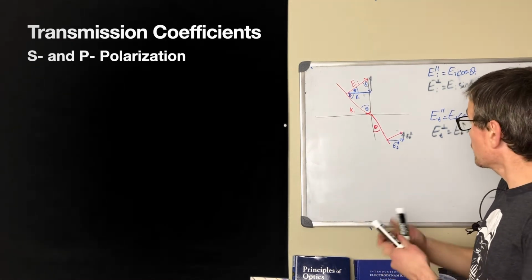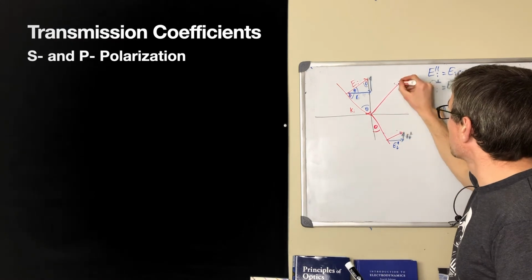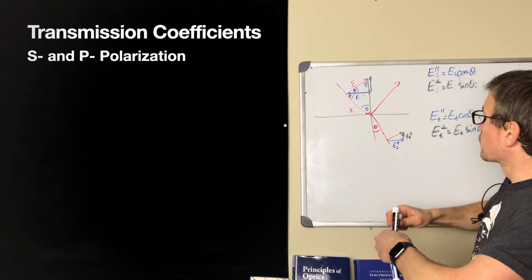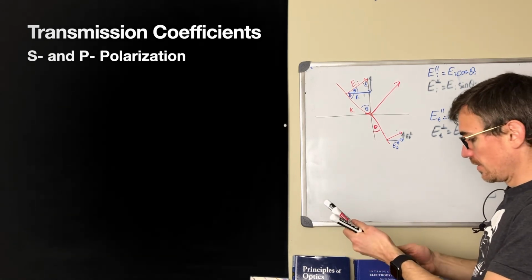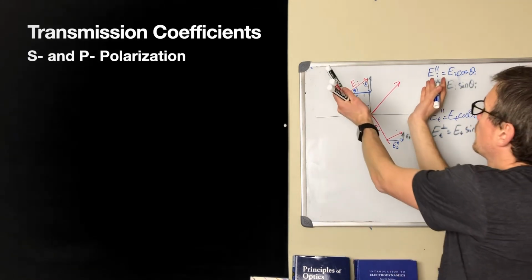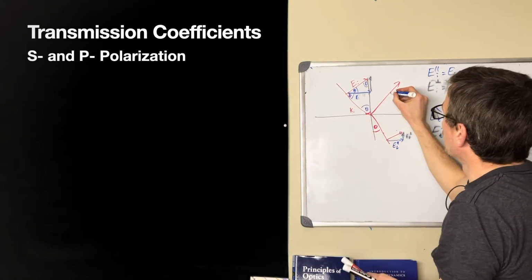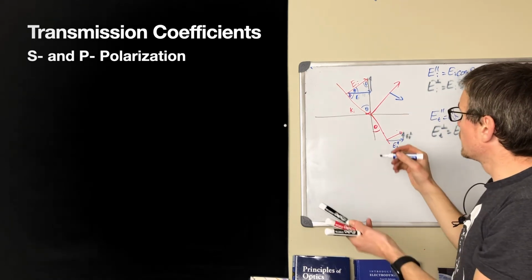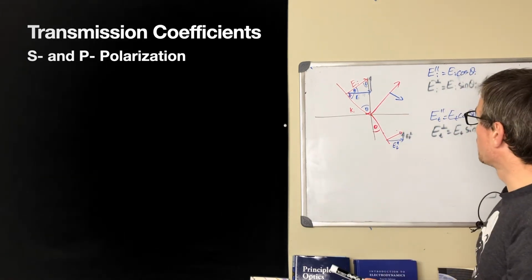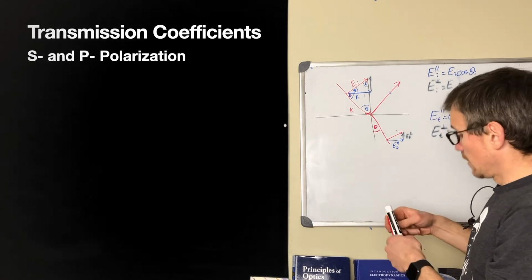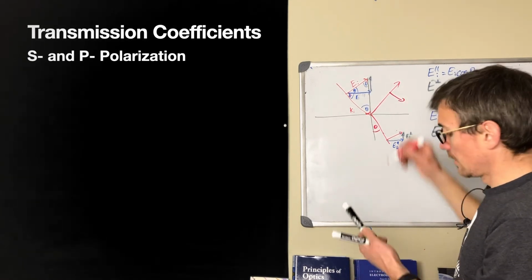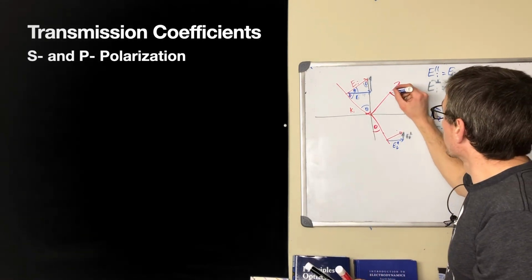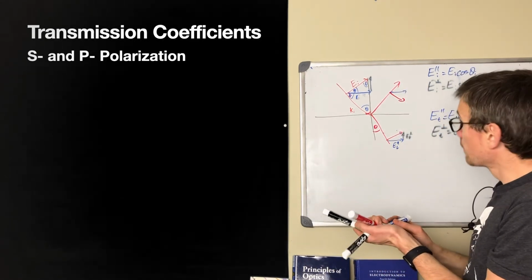Finally, we have the reflected, which is very much similar, except we have to choose a convention for which way we're going to call the electric field. And let's see, they should meet up when that angle goes to 0. So that's going to be going this way. And now I'm going to keep the same color scheme here. We have the same kind of direction for the parallel part.